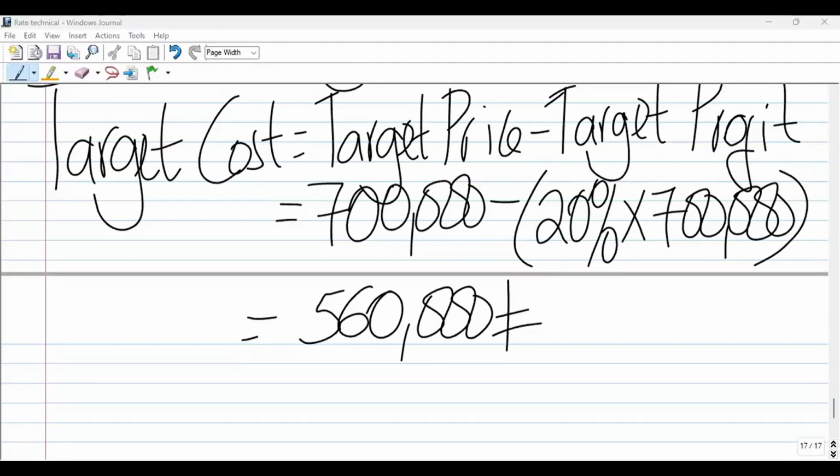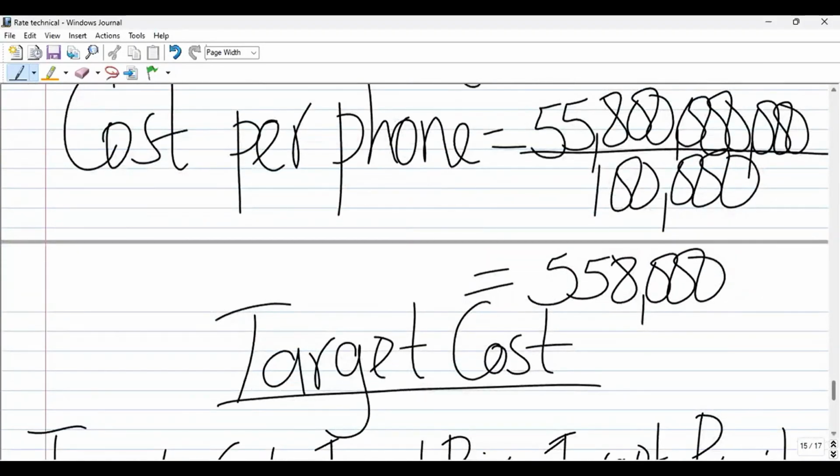But when we go to produce this phone, this is what we are going to incur. So, should we go ahead and introduce the phone on the market, or not? We should go ahead and produce the phone, because the cost we've received of 558,000 is lower than our target of 560,000.